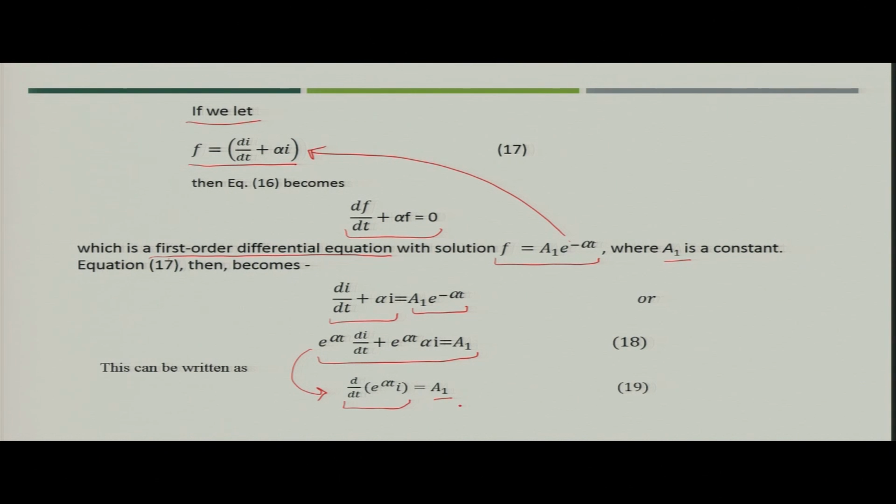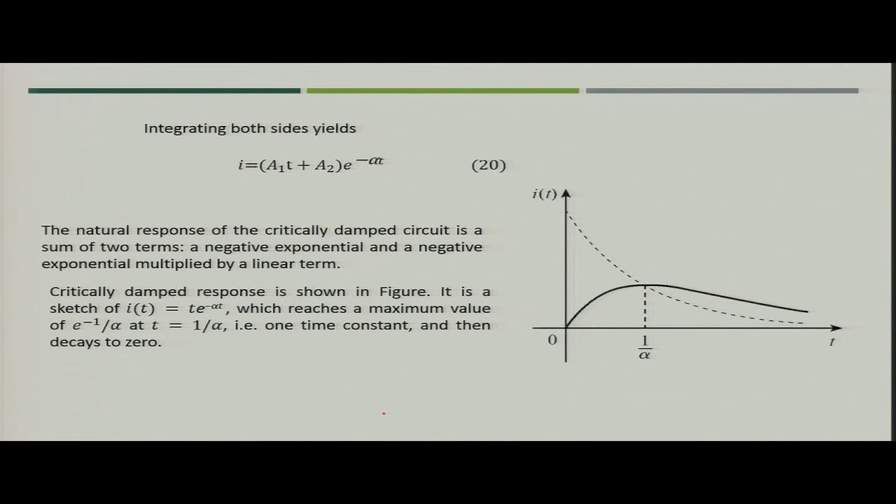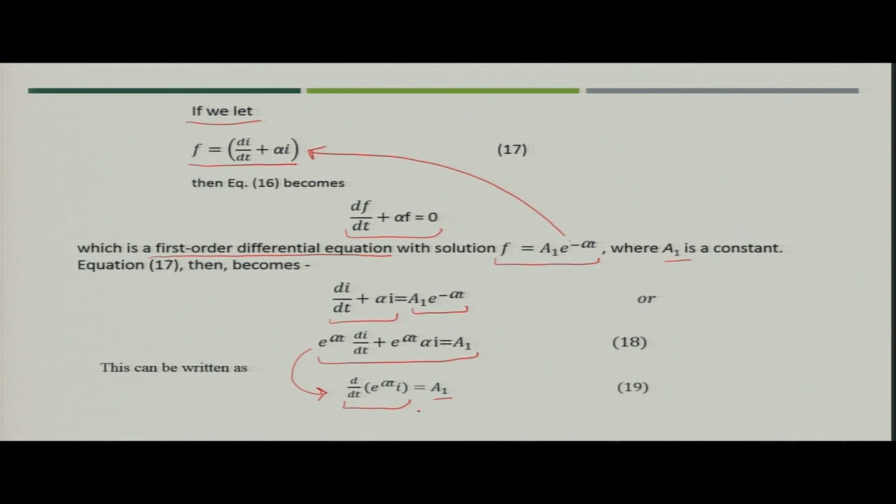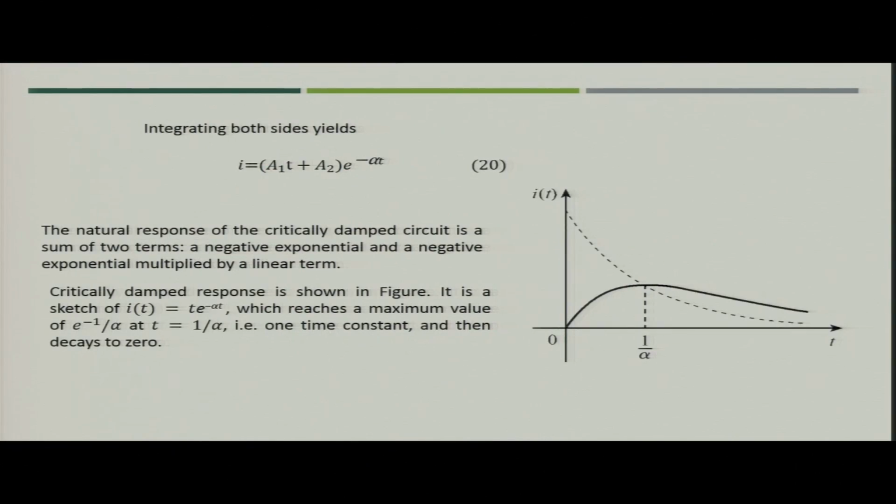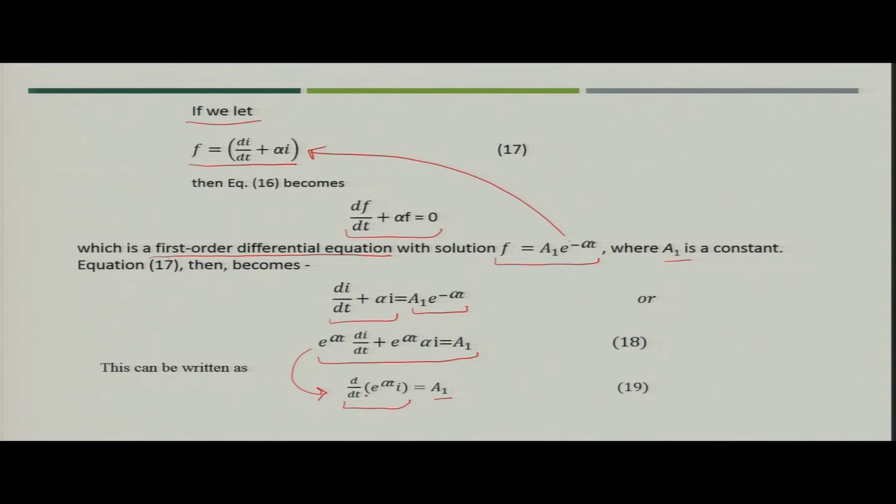Now, next what you have to do? You have to simply integrate the equation on both sides. When you integrate, what will you get? You will get the value of i as A1 t plus A2 times e to the power minus alpha t. You have to just simply integrate it, and you will get another constant A2, because when you integrate, you get one integration constant also.